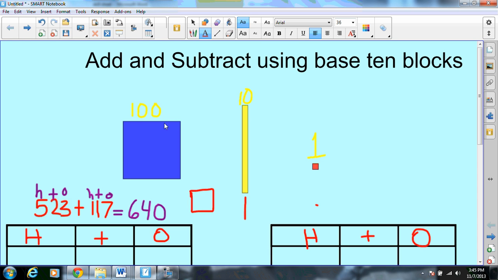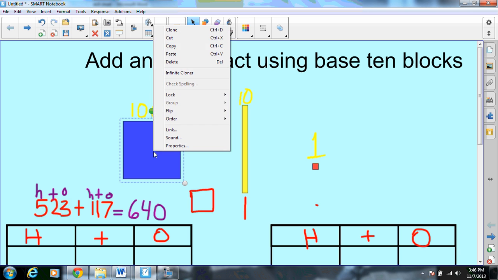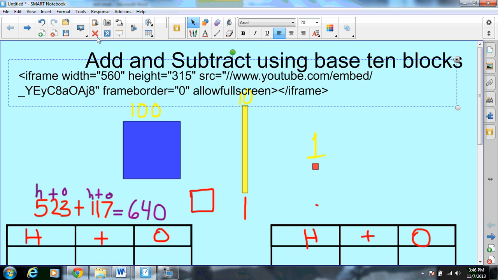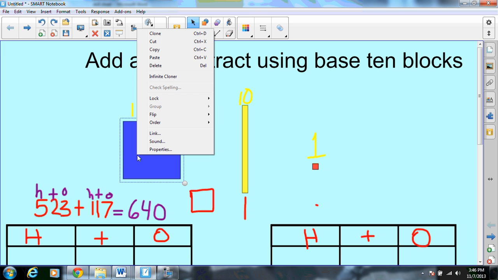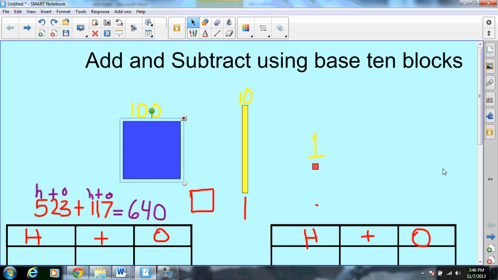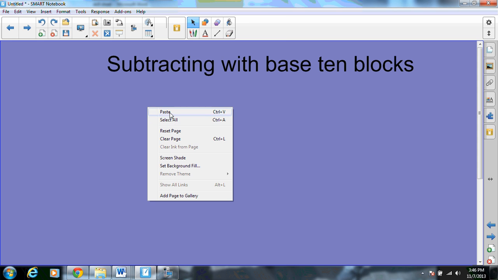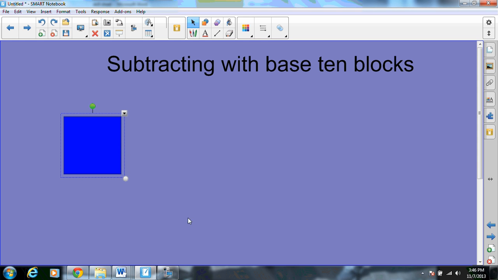So here's yesterday's lesson. We know that this here is a flat. Remember that name. This is a flat, and I'm going to copy it, and I'm going to move it over here for you. And it is worth 100.